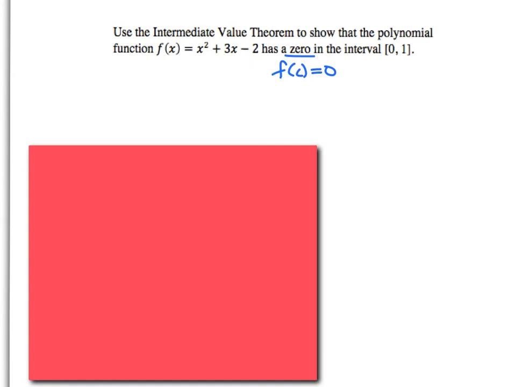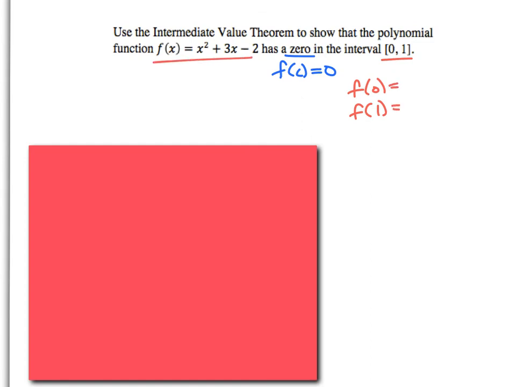All right? It means 0 needs to be somewhere in between. And then it says on the interval 0 to 1. So what we need to do is we need to figure out if its y values are different. And how would we figure those out? We substitute in what? 0. And I'm going to substitute in 1. I need to make sure that those are different values.